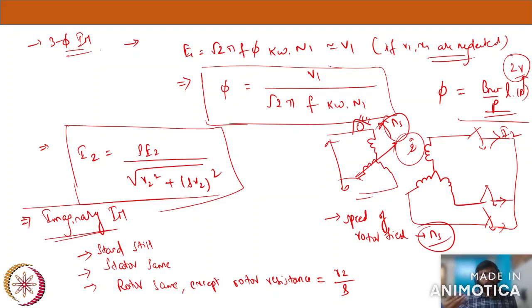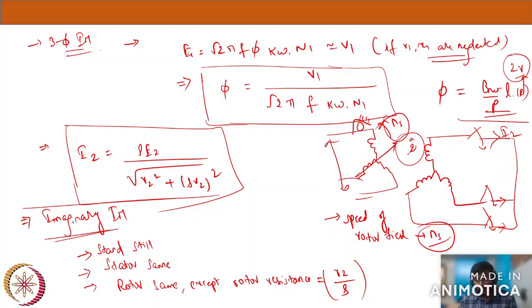You understood, right? I have changed the value of resistance to R2 by S, but I asked you to imagine a new imaginary motor in a standstill condition. But again, I am saying now, I am changing the resistance value to R2 by S. But why is this S coming into the picture?